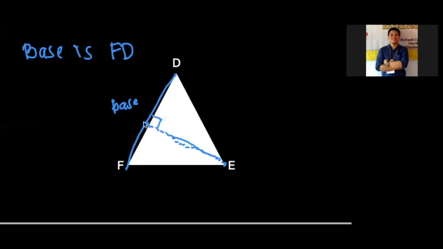Because there's no label for this point, we can just label it as X. So we can say that the base FD has a height XE.